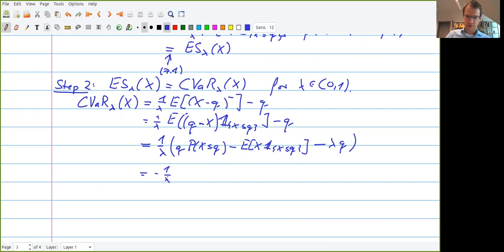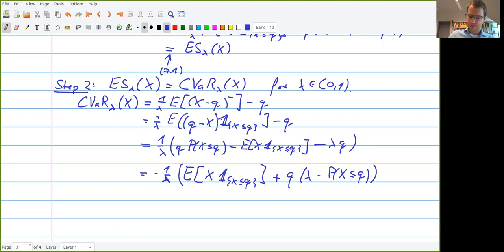We want a minus to get the definition of expected shortfall, so minus 1 over lambda. And we need to swap the signs, so we have the expected value of x times the indicator function of x being less or equal than q. Plus, we have q here, q here, so we pull out the q, and then we have lambda minus the probability of x being less or equal than q.